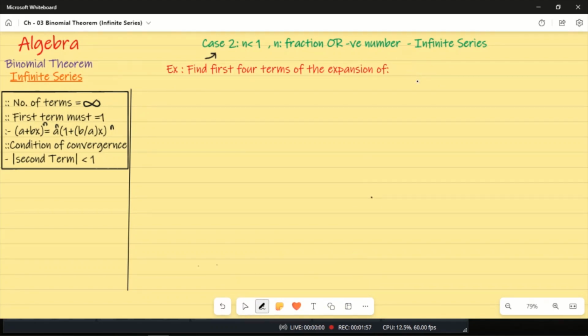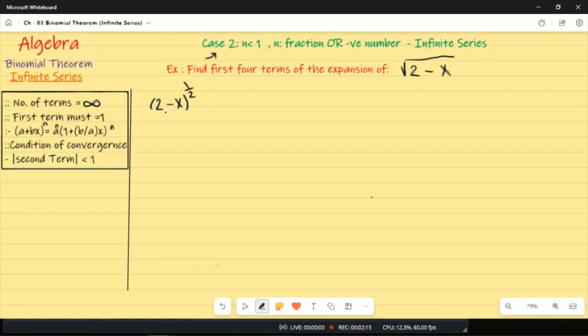We have here the square root of 2 minus x, so 2 minus x power half.